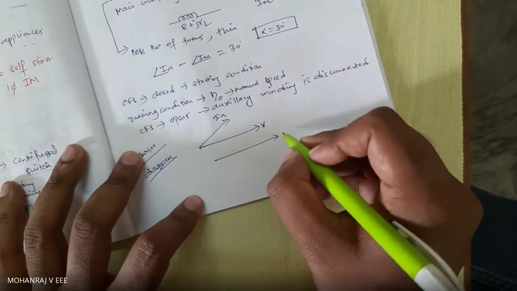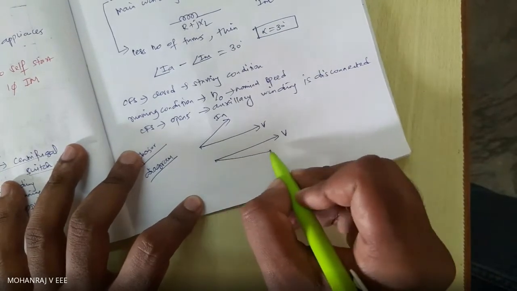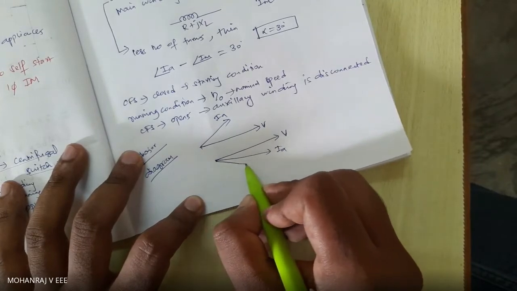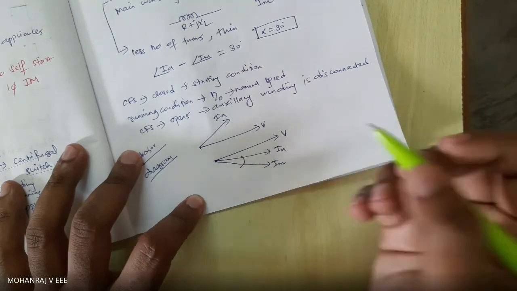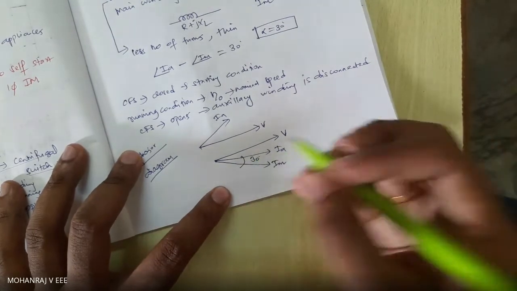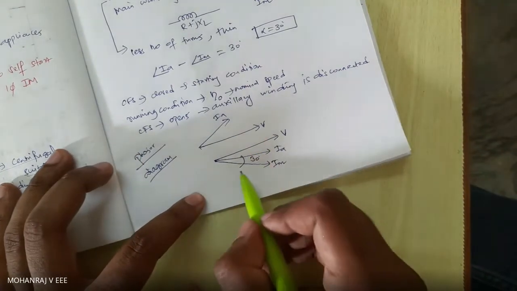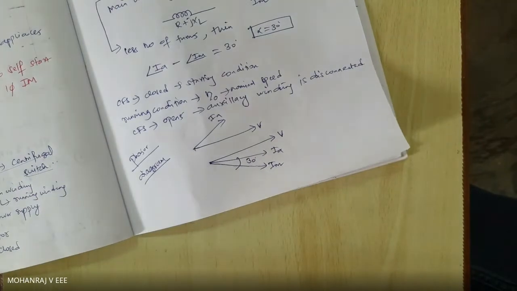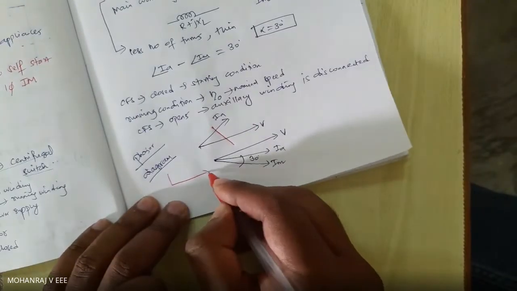Say this is my IA and this is my IM, and the angle between them is 30°. So this is my phasor diagram.